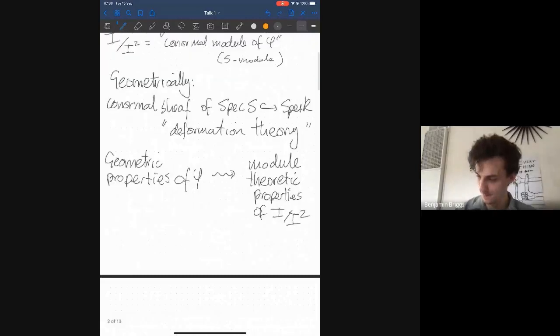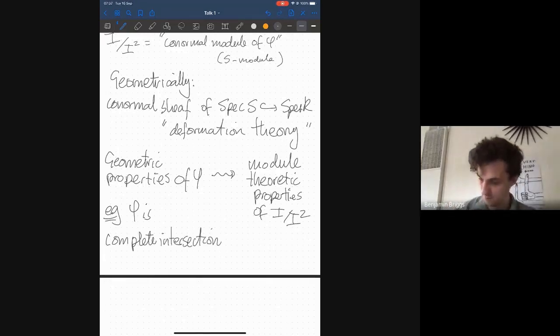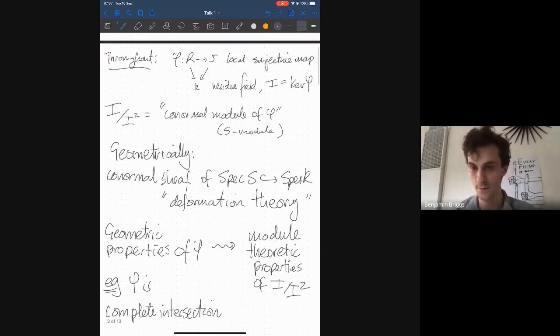So for example, a nice geometric property for a homomorphism would be that phi is complete intersection. Which means, in this context, we have a surjective homomorphism.